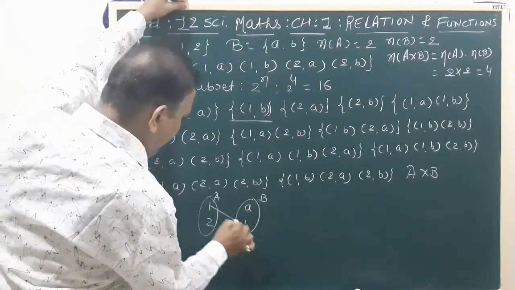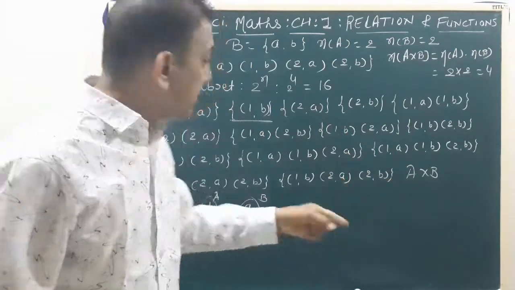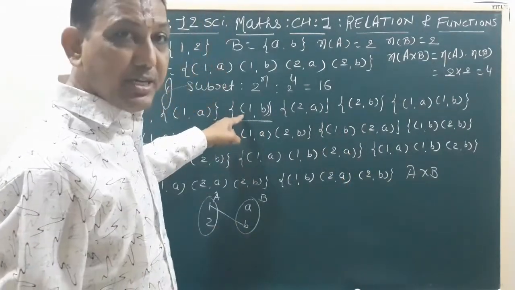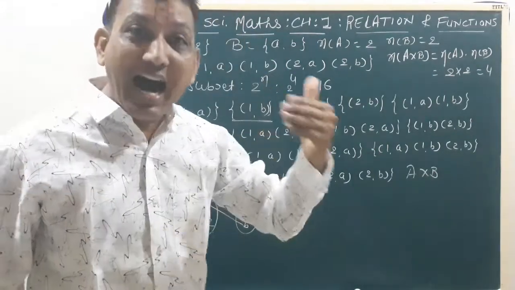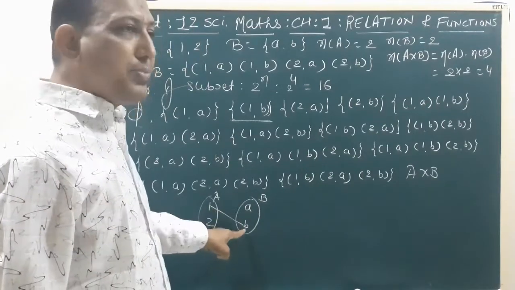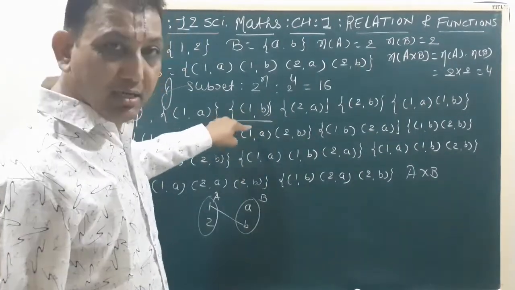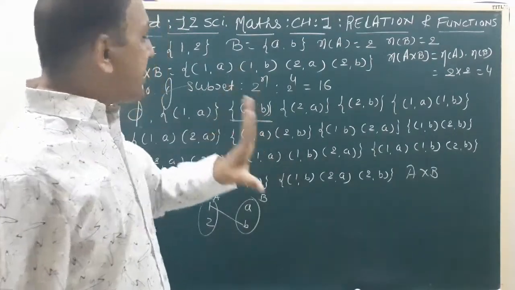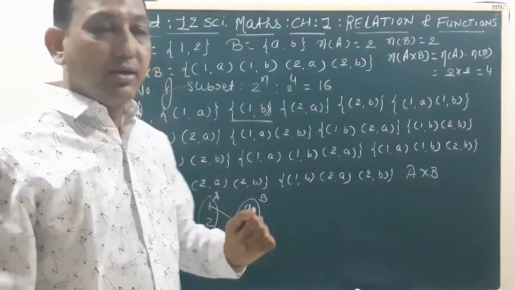Here (1,b). What is the meaning of this ordered pair? Here the ordered pair means 1 is related to b, by relation R. Capital R is the symbol for relation, right? Here 1 is related to b. Here not two related to a. In this curly bracket, only 1 is related to b, not 2 related to b. Otherwise 2 would be related to a, right?